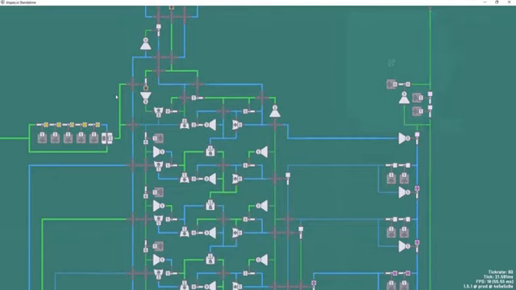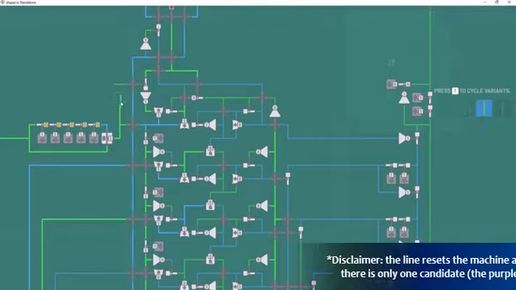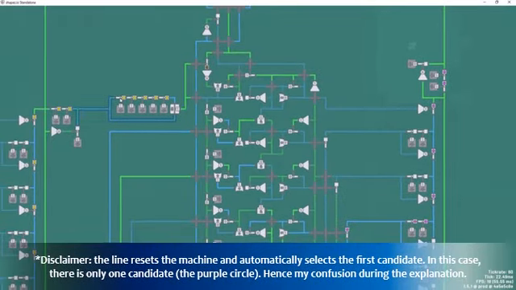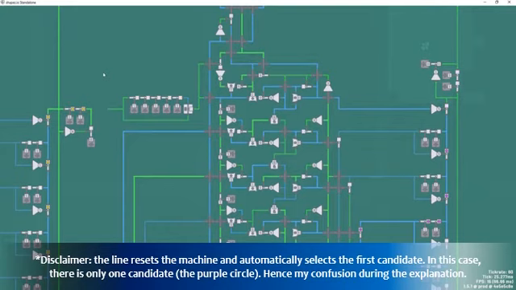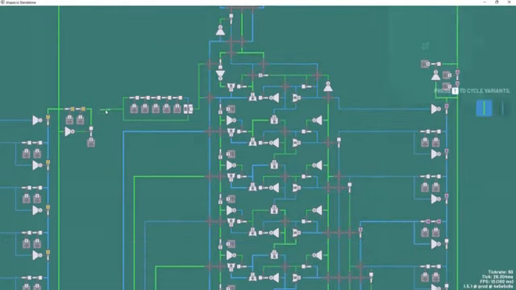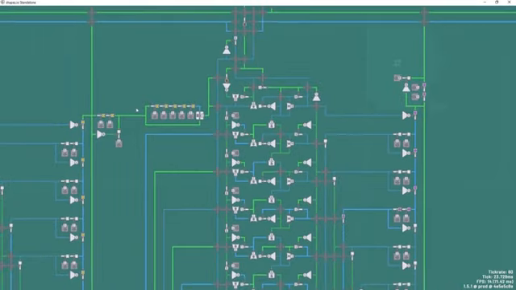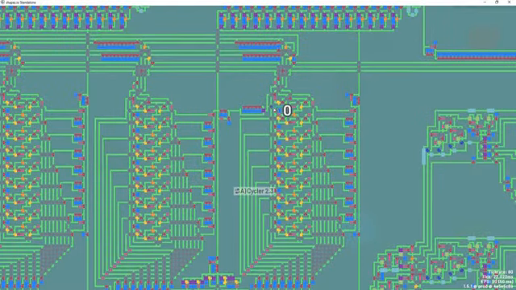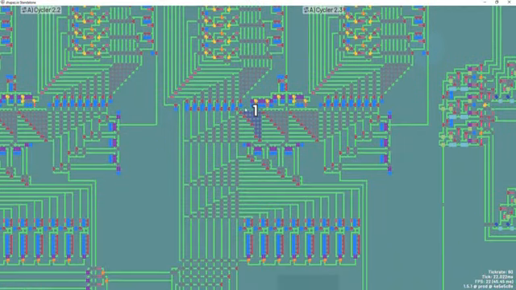Okay, so if I cut this line, the signal is going to stay constant, I believe. No, sorry. If I briefly cut this line, then the machine is going to be reset. Anyway, doesn't really matter. So that is one miniature delay module I have right here.